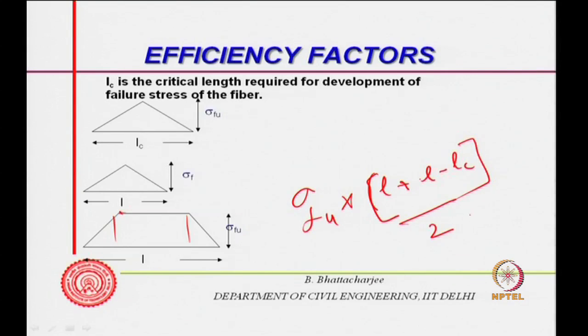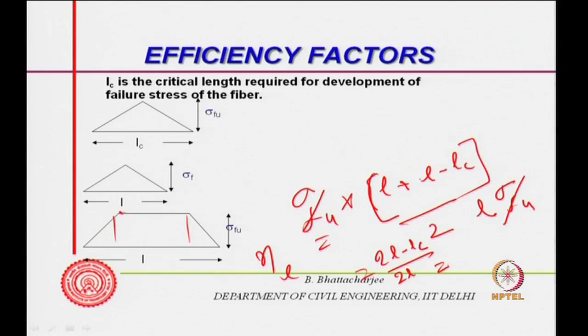That is the area, divided by L gives us the average stress, and this divided by sigma fu gives us the efficiency factor. So, this will cancel out. What I am left with is twice L minus L C divided by twice L, which gives me 1 minus L C divided by 2L.